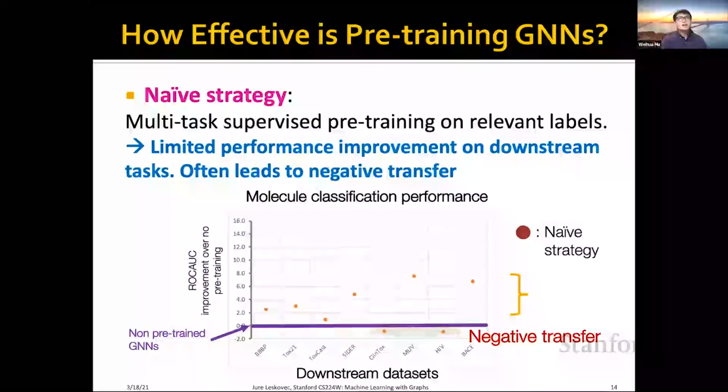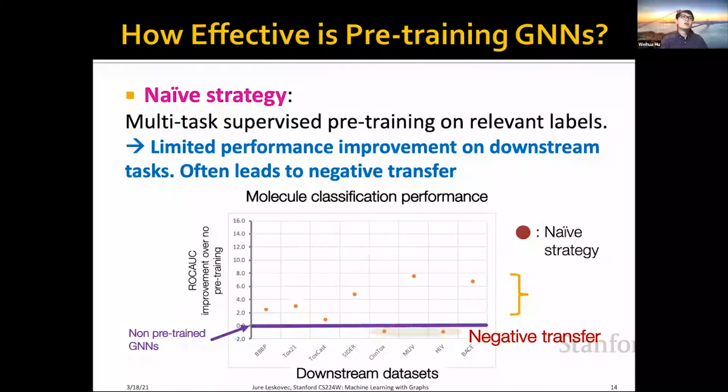It turns out that the naive strategy of multitask supervised pre-training on relevant labels doesn't work very well. It gives a limited performance improvement on downstream tasks and even leads to negative transfer, which means that the pre-trained model performs worse than a randomly initialized model.